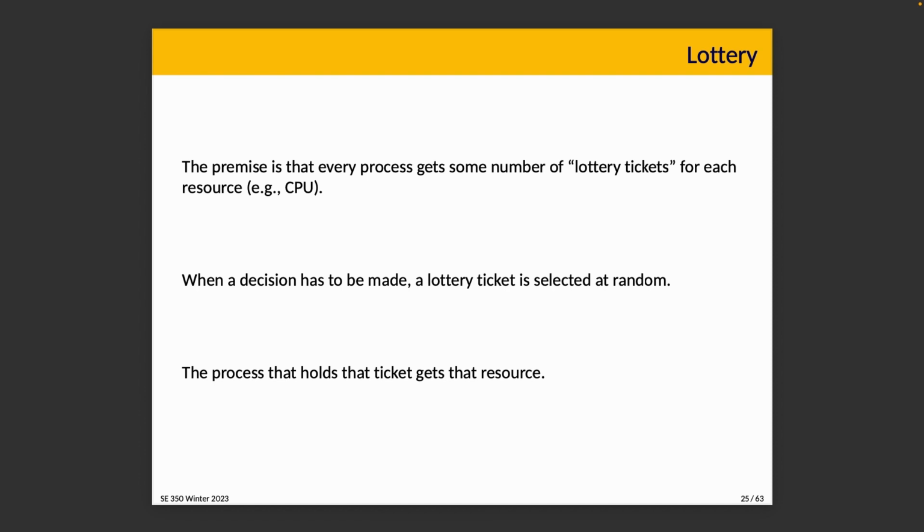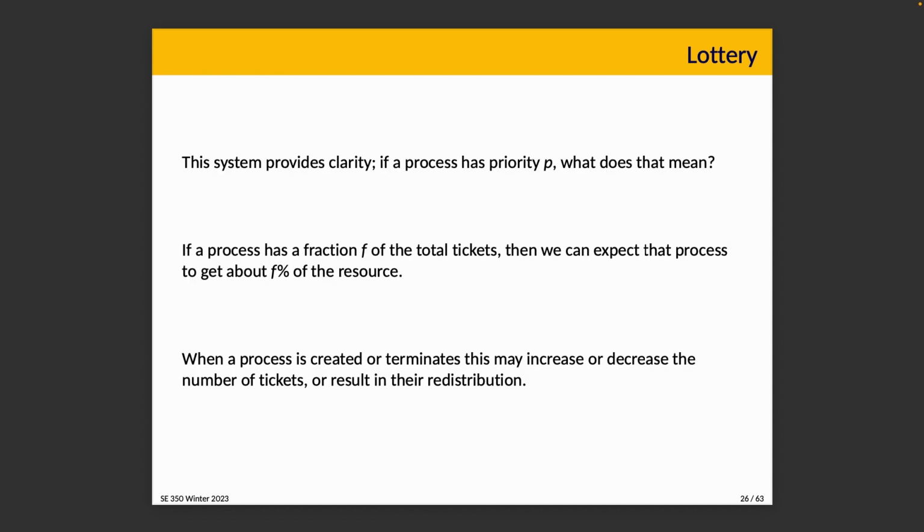Anthropomorphizing processes is pretty hard. Processes don't play the lottery, they don't hold tickets, there are actually no physical tickets. But the idea is that the system provides a certain chance of getting a resource. If a process has priority P, we don't really have a good definition of what that means or a useful implementation of that.